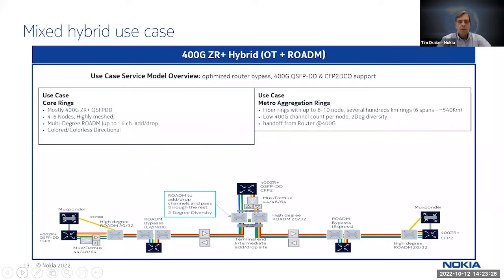Now, here's one a little bit more complex, because we are running a combination of transponders as well as just straight ZR plus and CFP2, but we are doing some, I'm going to say, router bypass. Now, this is a scenario that we see today using transponders, not the 400 gig ZR plus, but doing the router bypass if you were doing an open line system or an open carrier network.